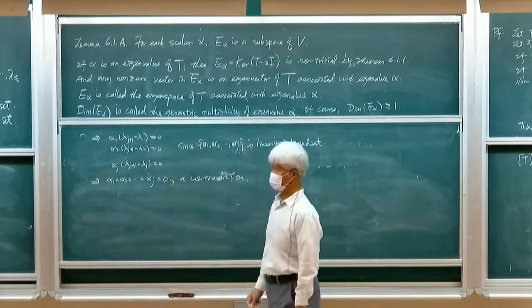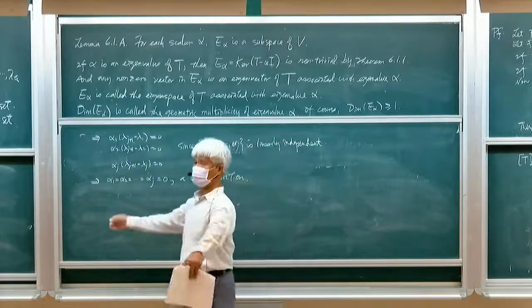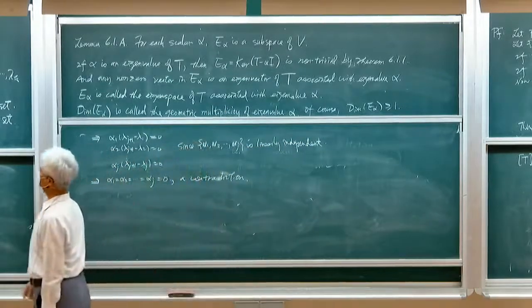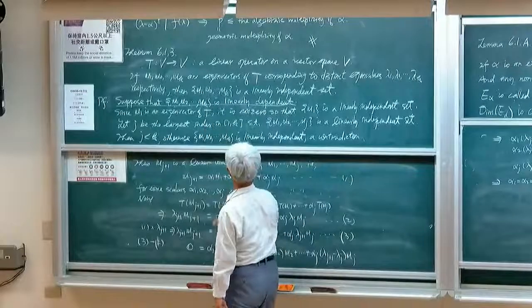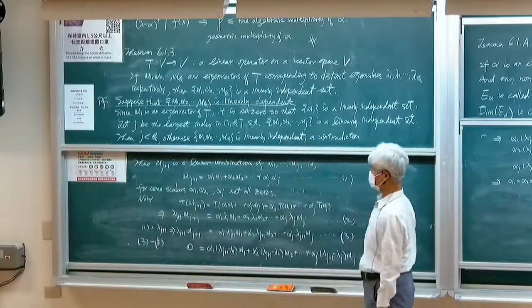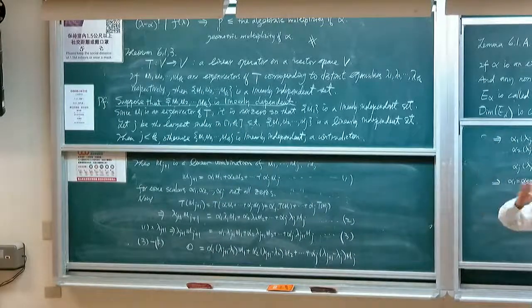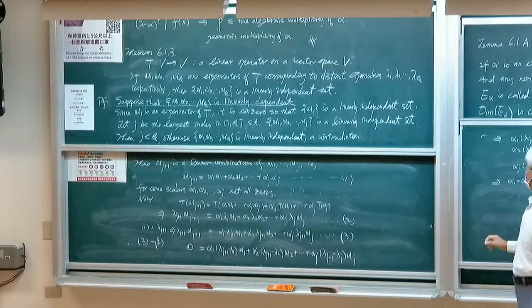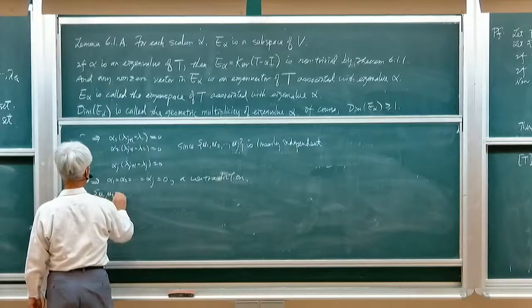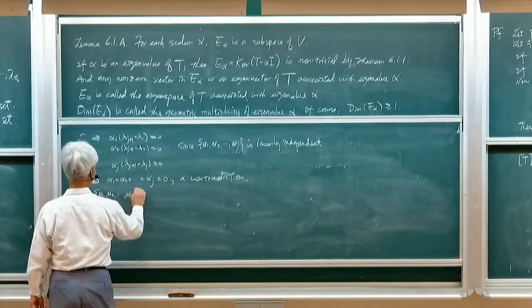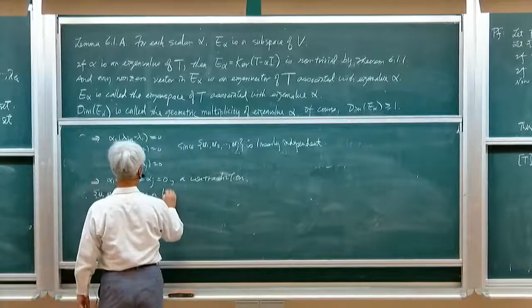Okay, so we have a contradiction, and then we have no way to go. So if we suppose that the set is linearly dependent, we will reach a contradiction eventually. Okay, so that u1, u2, up to uk is a linearly independent set.